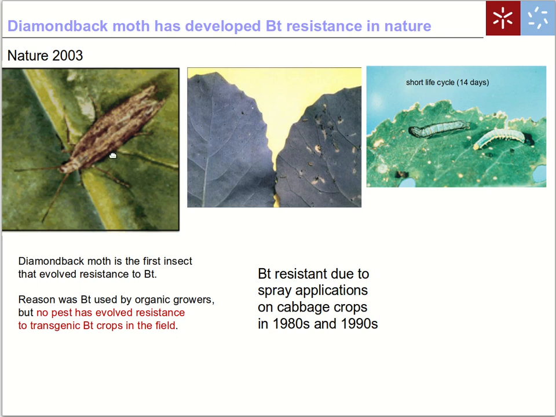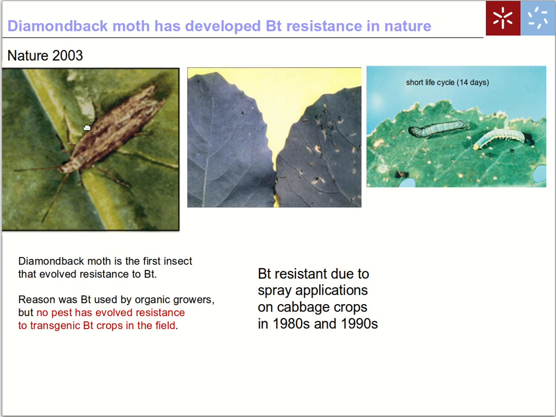Typically, the dosage of toxin in transgenic crops is far higher than you can apply on top of the leaves with a spray. There is another insect as well that has been described lately to show resistance to the Bt toxin.